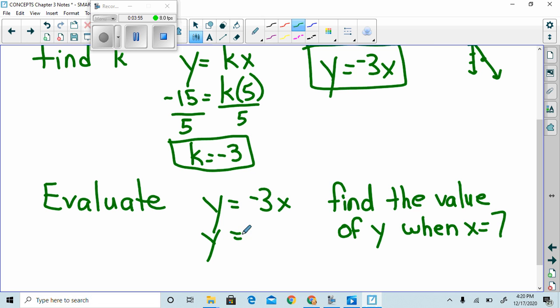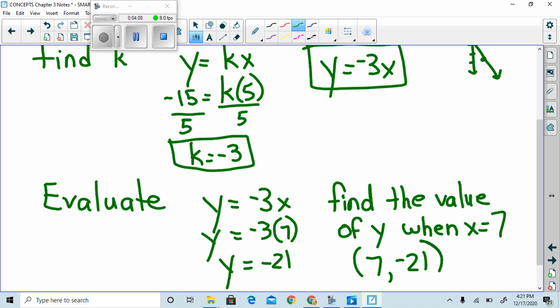Substitute 7 in for x and simplify. Y is equal to -21. We input an x value of 7. We output a y value of -21. And that's our model of direct variation.